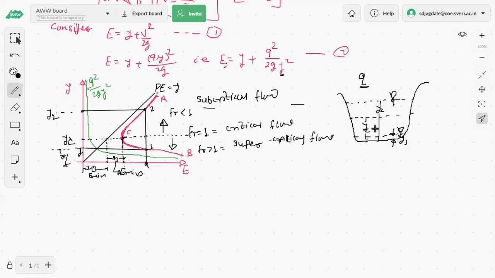But whenever we are changing the flow depth for the same specific energy, we are indirectly changing the velocity, because when depth is increasing, velocity is reducing, and when depth is reducing, velocity is increasing.